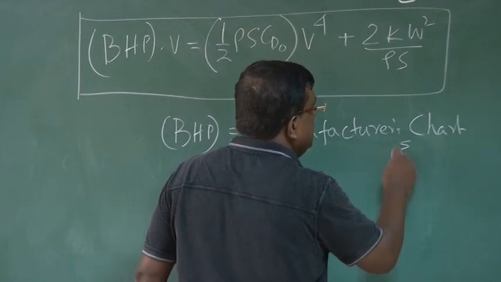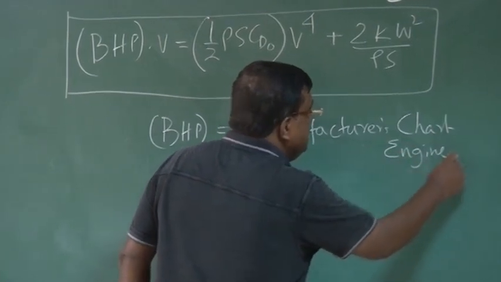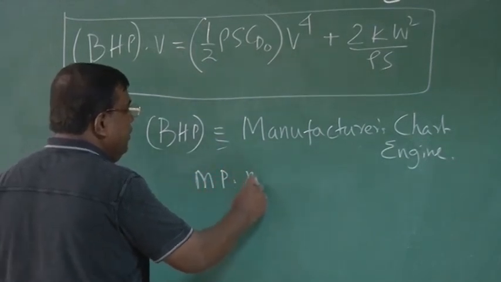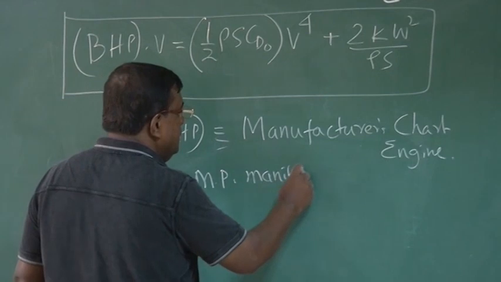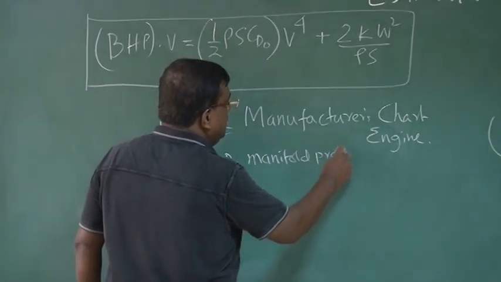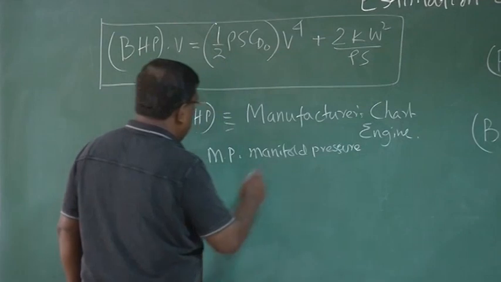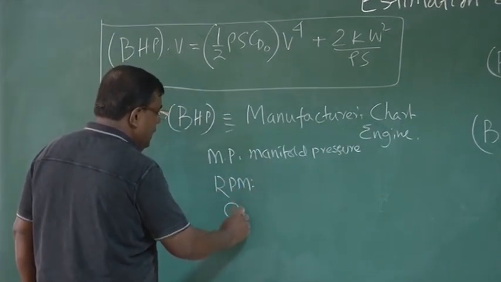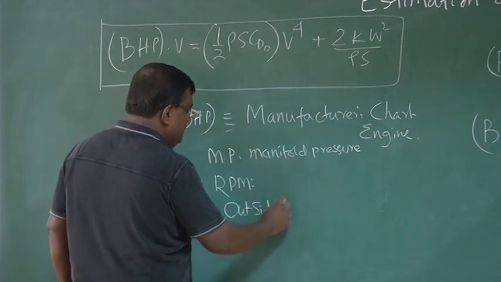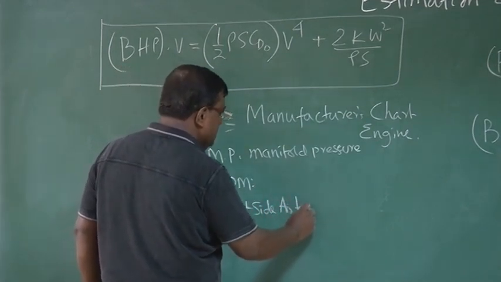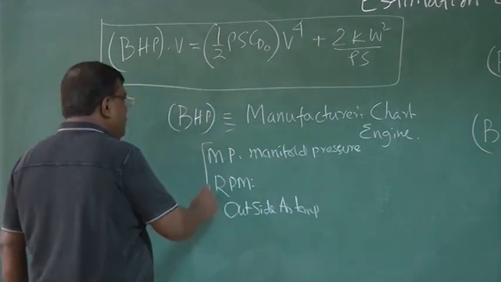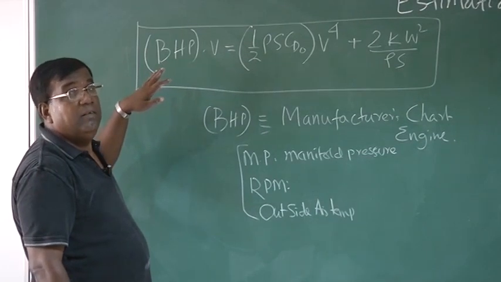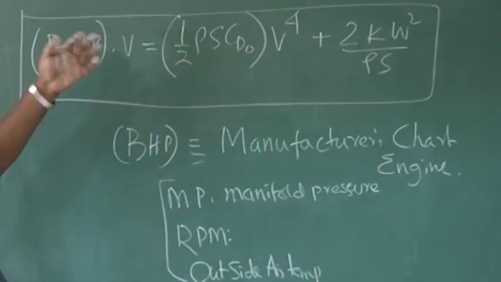If I know the manifold pressure, the RPM, and the outside air temperature, then using the engine chart, I can easily know the power available from the engine at that speed.